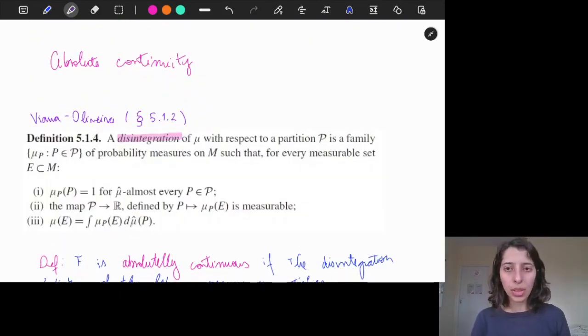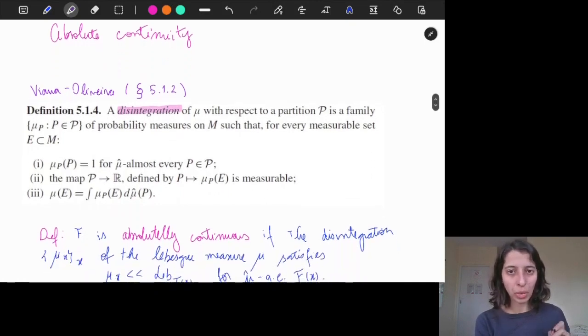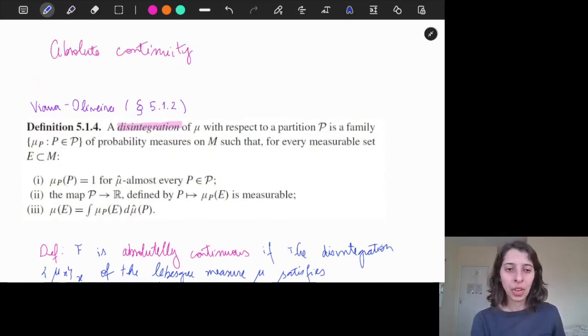Now I'm going to talk about measurable properties of foliations. And this theory here is more general, it is for any partition of a measurable space. So I'll give some definitions. A disintegration of a measure with respect to a partition is a family of probability measures defined on each element of the partition in such a way that, first, we have to give a sigma algebra on the partition.